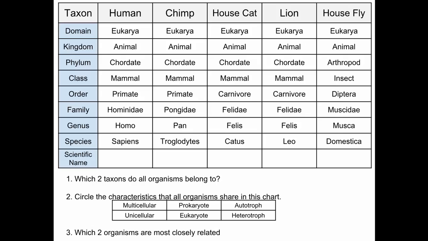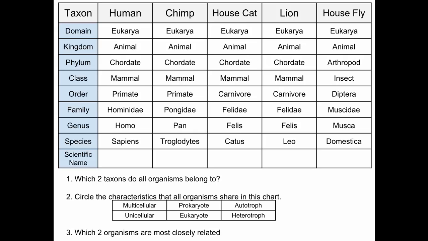All right, I think we don't necessarily have to do this slide. But if you're just curious, here are 5 animals and their classification in all of those taxonomic groups, from domain down to species. And so you can see how they're similar, how they're different.